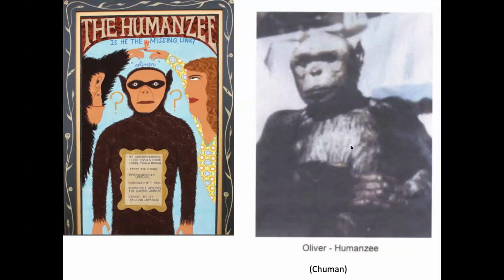So the reciprocal cross: Oliver would be a human female and a male chimpanzee, and the reciprocal cross would be the opposite. And if you think that there have never been attempts at trying to create this sort of interspecific hybrid, I recommend you perform a Google search or an internet search.